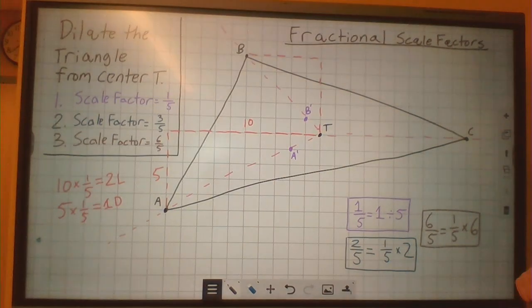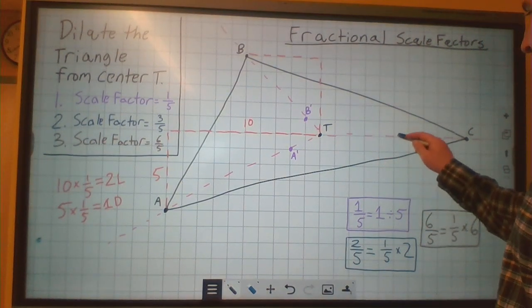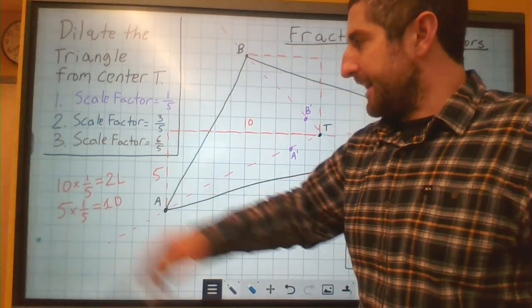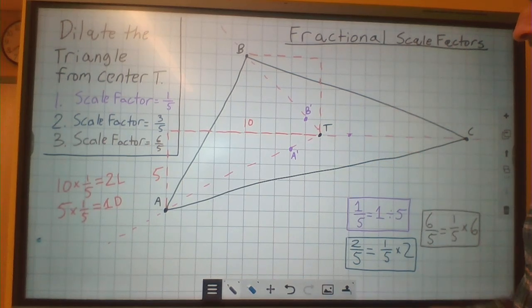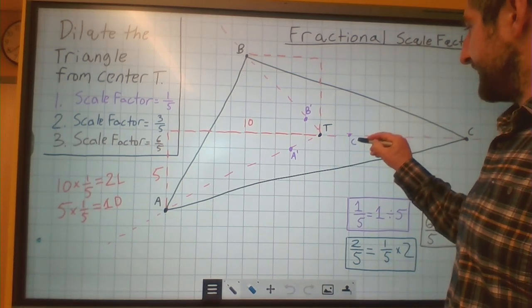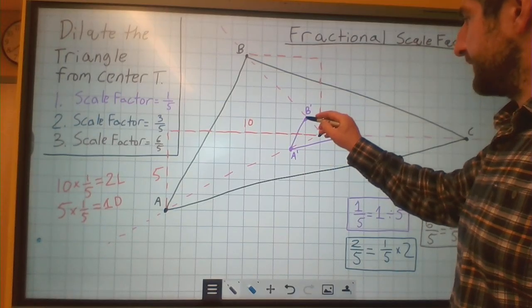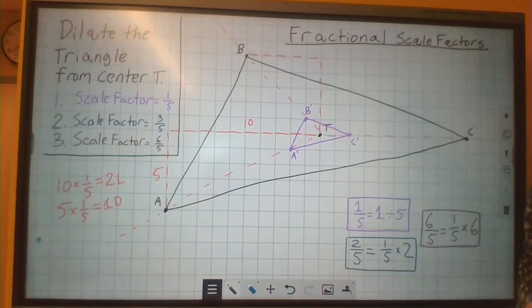And finally, C is on the cardinal direction, so that should be easy. 1, 2, 3, 4, 5, 6, 7, 8, 9, 10. We know that 10 times 1/5 is 2, so we just go 2 to the right to get C prime. And there's our little bitty triangle with a 1/5 scale factor.